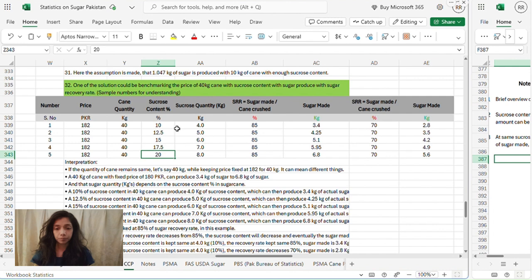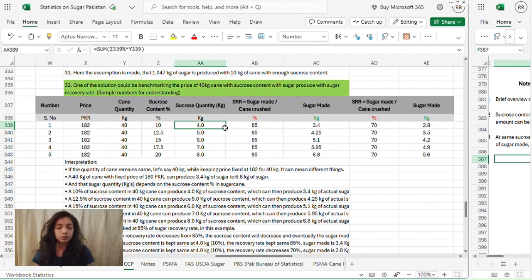Then I went to find out the sucrose quantity. Now, if 40 kg of cane is there and the sucrose content is 10%, then how much quantity of sucrose will that 10% produce?